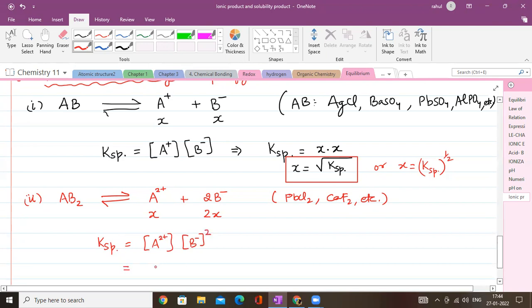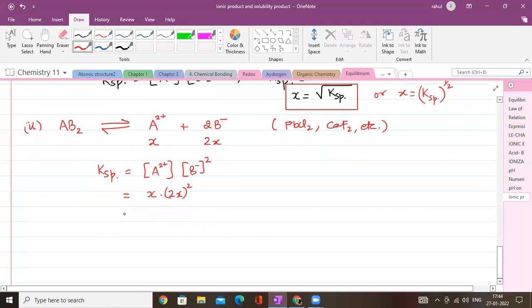Now if I put down the value, it is X and 2X whole square. So if it is 2X whole square, that means it becomes 4X cube. If I'm not wrong, it is 4X cube. So this is Ksp.